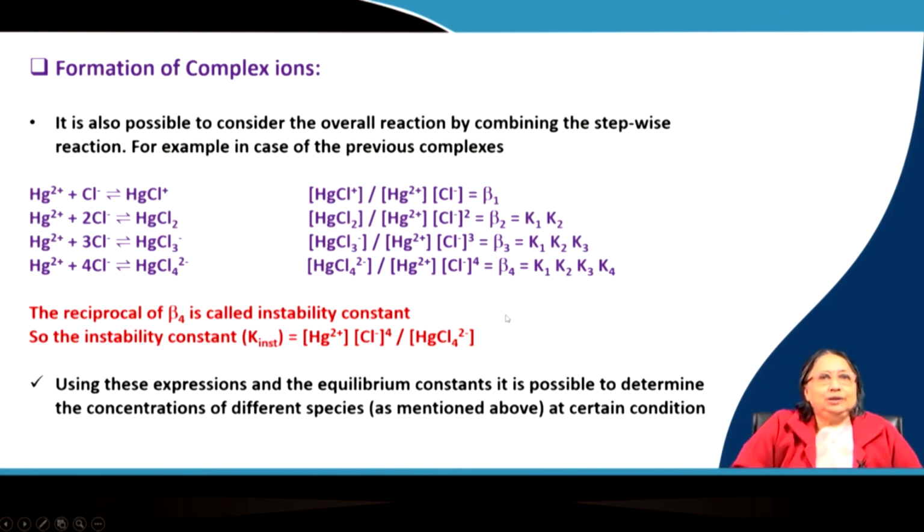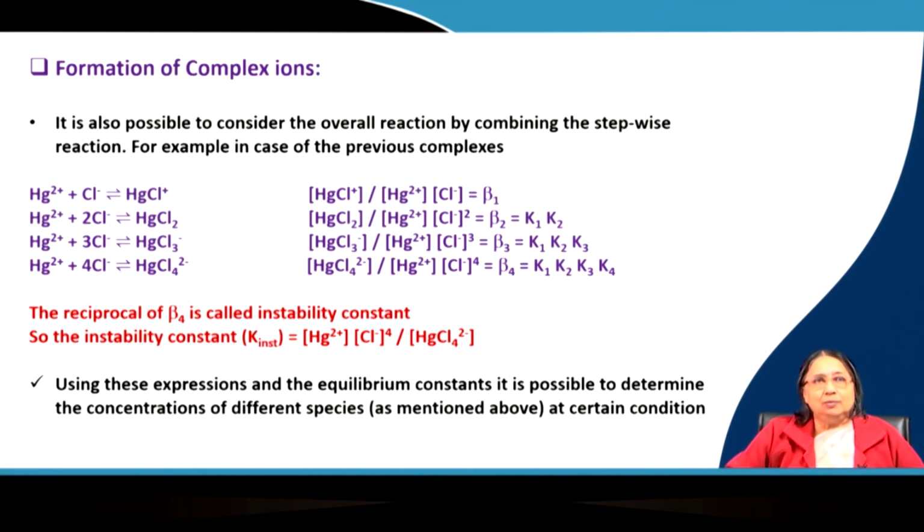Why are we doing this? Using these expressions and the equilibrium constant values, it is possible to determine the concentrations of different species as mentioned above at certain conditions. Say for example, you have a system where mercury 2 plus concentration is known, conditions are known, and chloride concentration is known. Then you are able to tell me how much is there as HgCl plus, how much is there as HgCl2, how much is there as HgCl3 minus, like that.